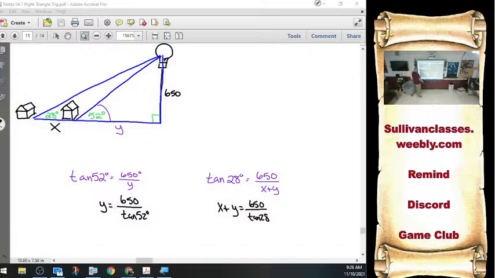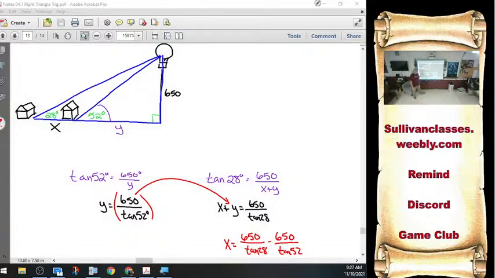So now if y is this stuff, replace y with that stuff. I'm going to subtract that stuff over to the other side, correct? So I get x is 650 over tangent 28 minus 650 over tangent of 52.